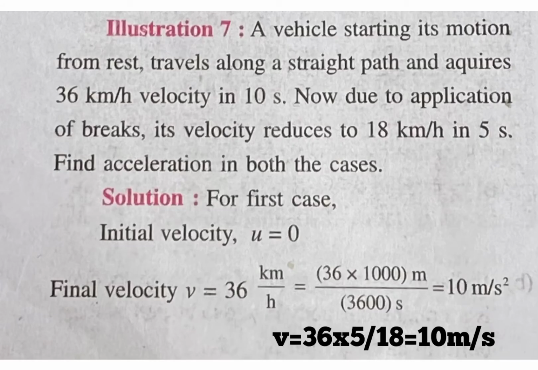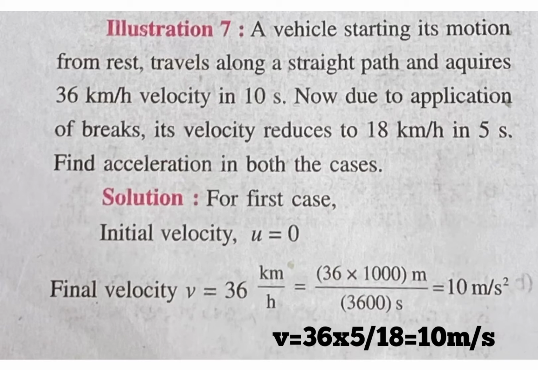Next question. A vehicle starting its motion from rest travels along a straight path and acquires 36 km per hour velocity in 10 seconds. Due to application of brakes, its velocity reduces to 18 km per hour in 5 seconds. Find acceleration in both the cases. Now students, here first of all you need to understand the question properly. A vehicle is starting its motion from rest.